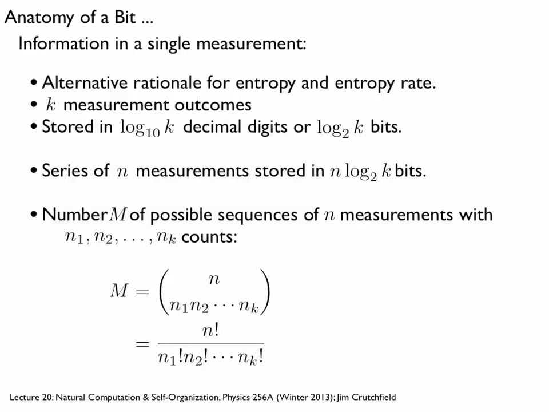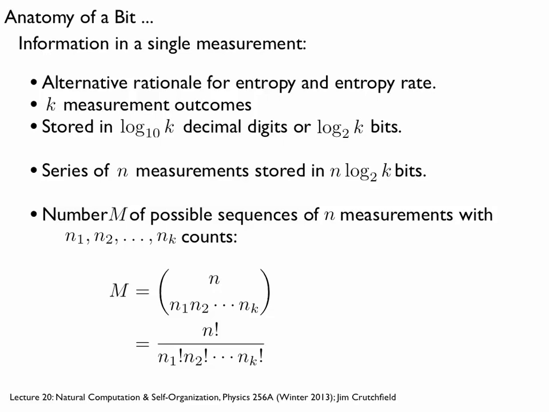But by way of introducing this notion that the measurement contains different kinds of information, I just wanted to do a little bit of a deconstruction of what we mean by making a measurement, and that contains information.